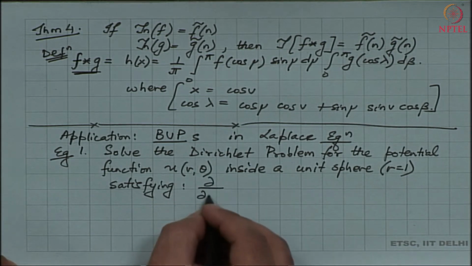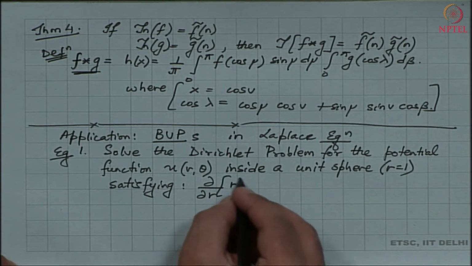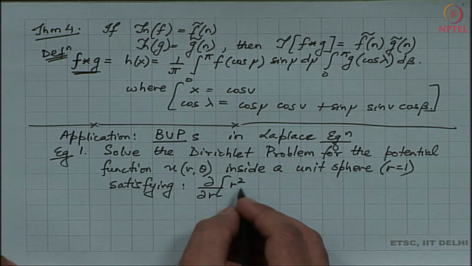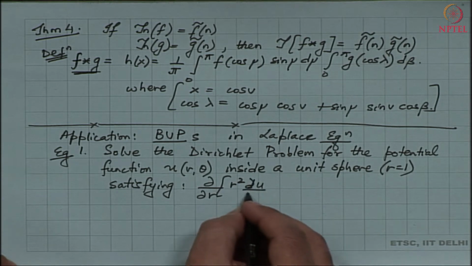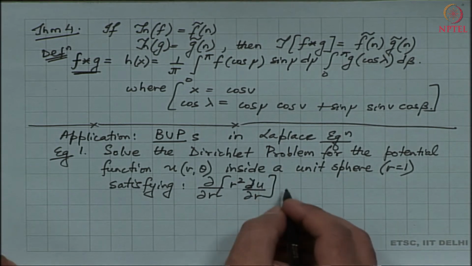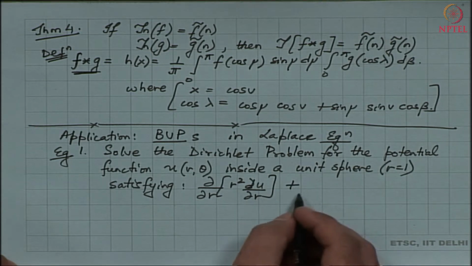It is the Laplacian in the r theta frame. So, note the way I have written the Laplace equation. I have the regular Laplacian with respect to r, and then I use my transformed theta derivative.